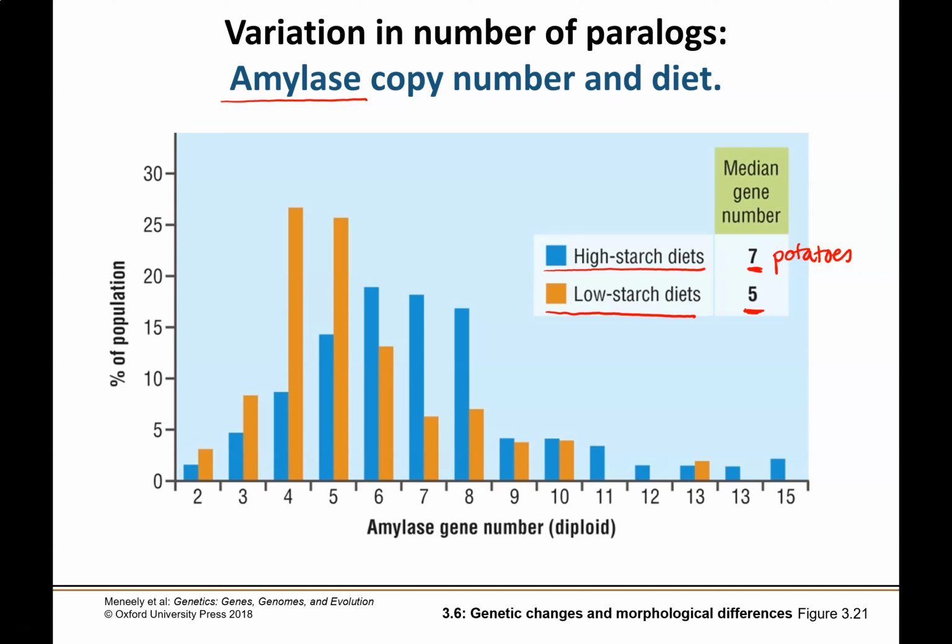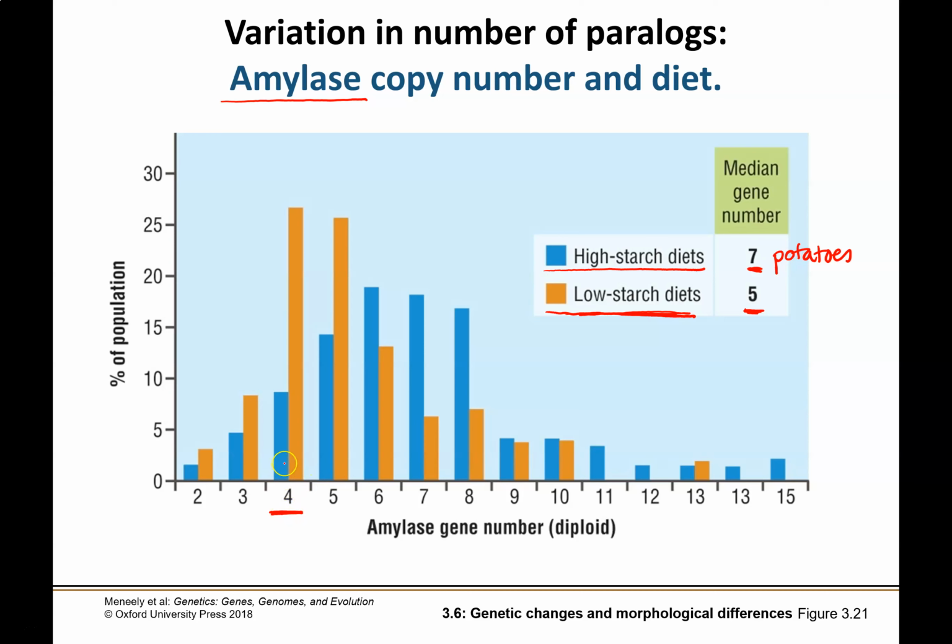But you can look at different populations. So we've got the high starch diet population and the low starch diet population. So this graph is showing what percentage of the population has this number of genes. So for amylase gene 4, individuals have multiple copies of gene 4 if they are in low starch regions.